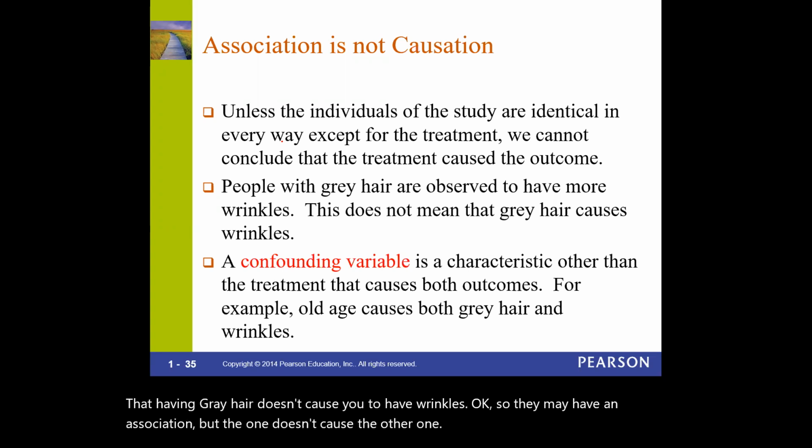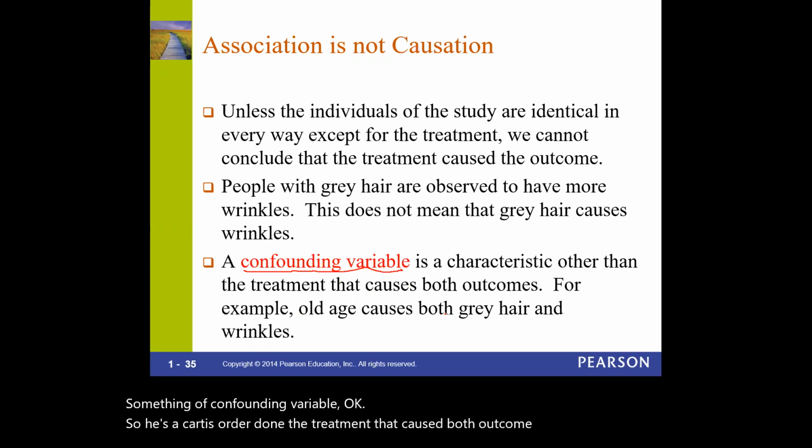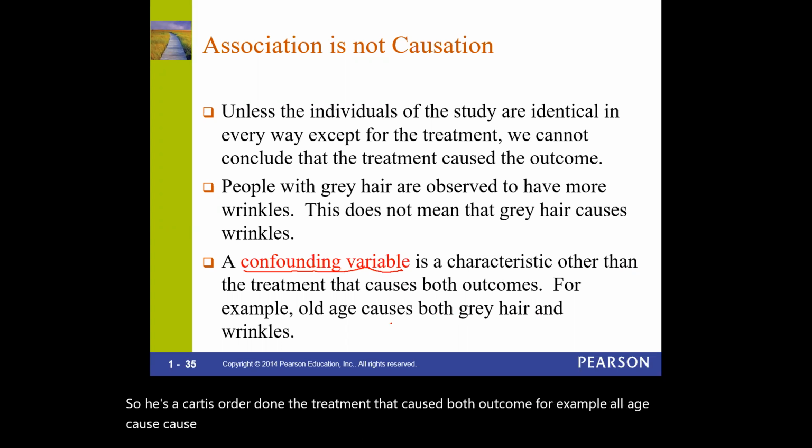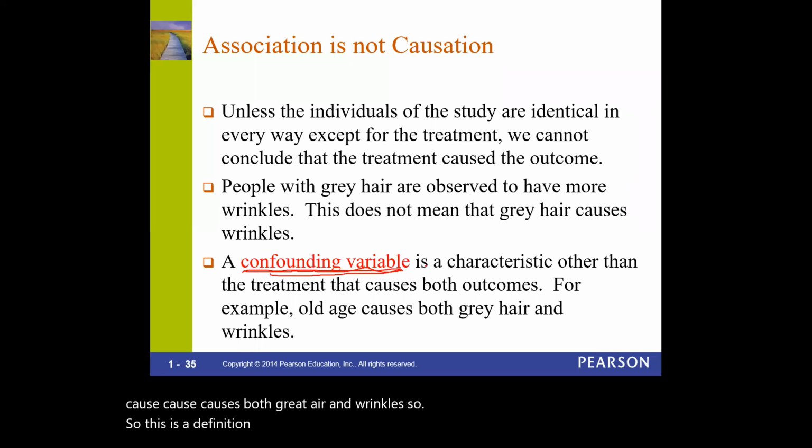Okay, and then another important term you're gonna see very often is something like a confounding variable, okay? So it's a characteristic other than the treatment that causes both outcomes. For example, old age causes both gray hair and wrinkles. So this is a definition that you need to understand, okay?